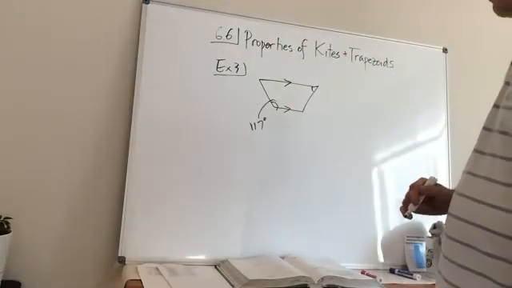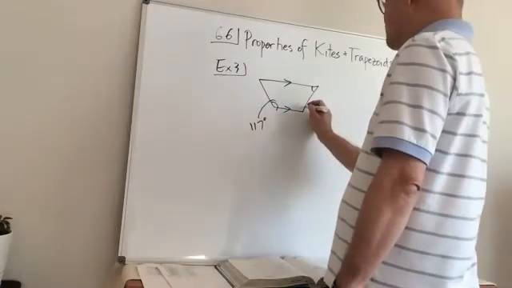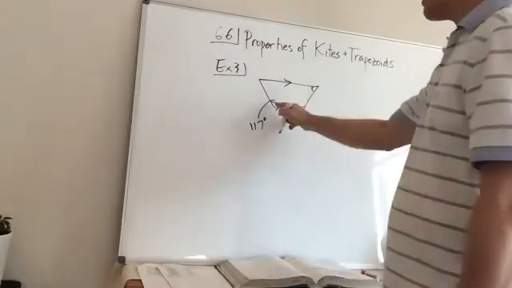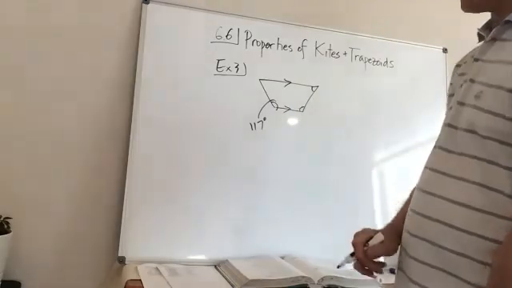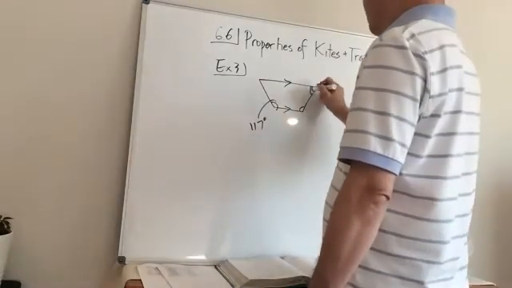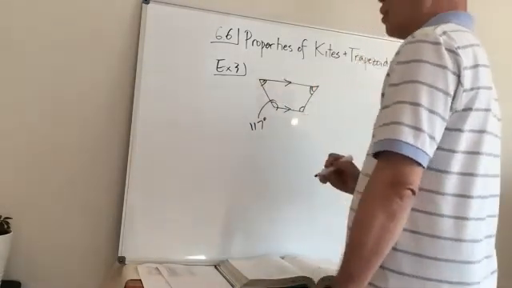Okay. So since this is 117, I know that this guy here is going to be 117 because these two are the base angles, they're the same. But I also know that these two are the same.